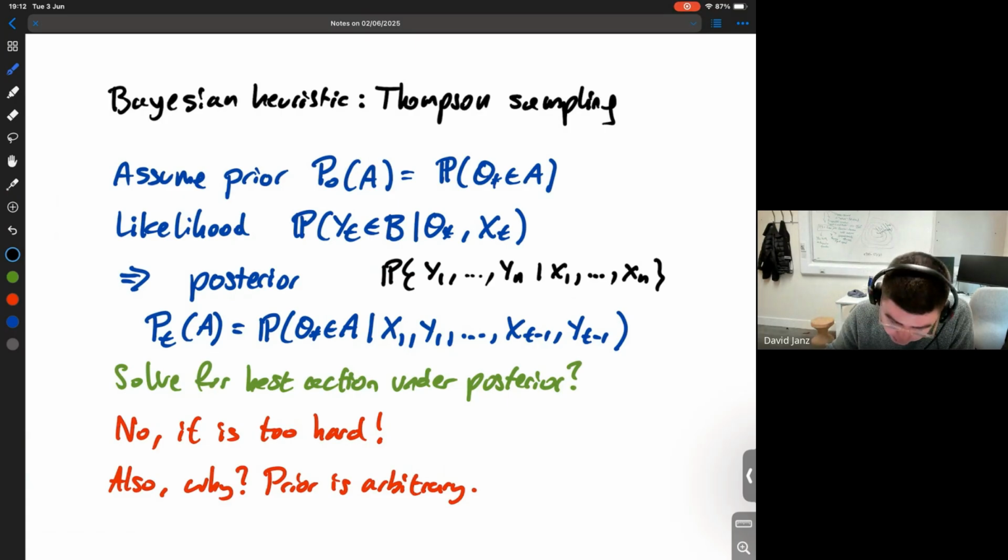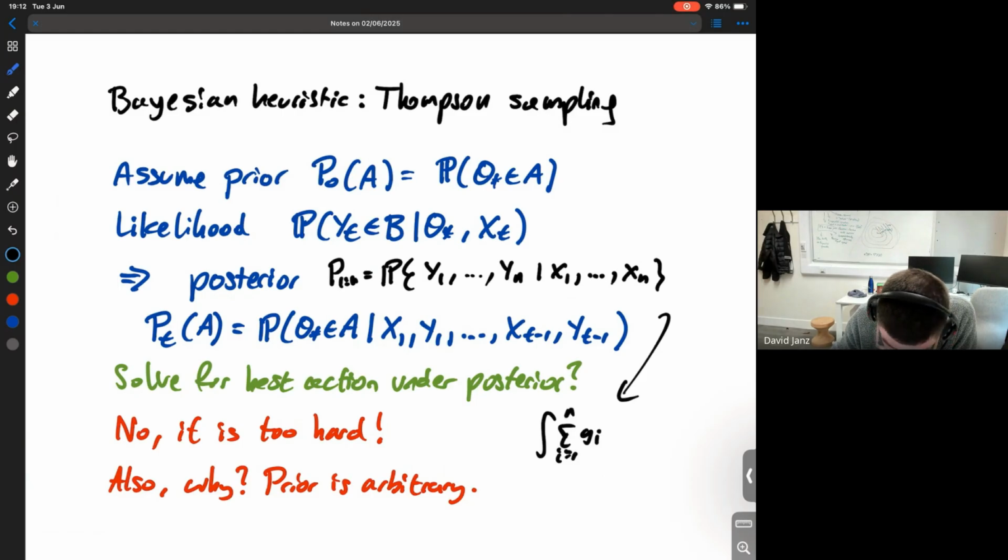So we could call this P1 to n. This is over the y's, and we could compute the integral of the sum of y_i, i equals 1 to n, dP1 to n as a function of the x's. And we could take a maximum over these x's.